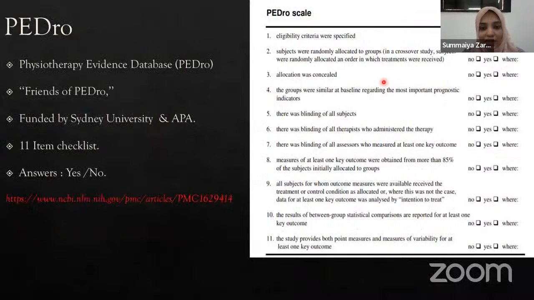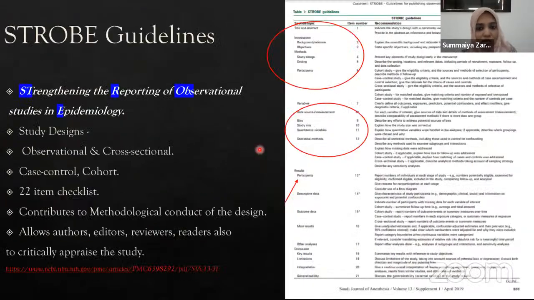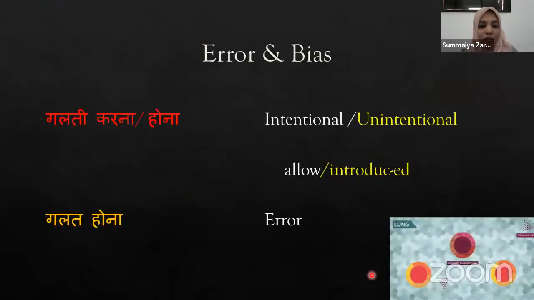So PEDRO is 11 item, and Robbins is 34. So somewhere in the middle, which covers almost all aspects, is the Strobe guideline with 22 checklist items. So I think it's a good effort if we make it in the beginning. All right. Okay.